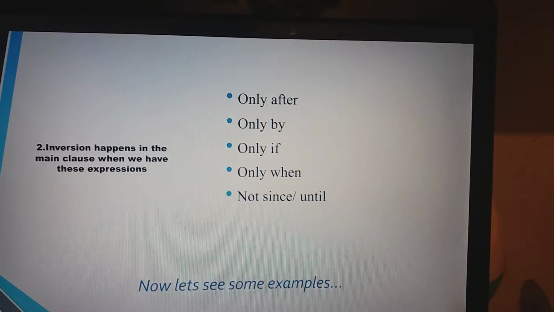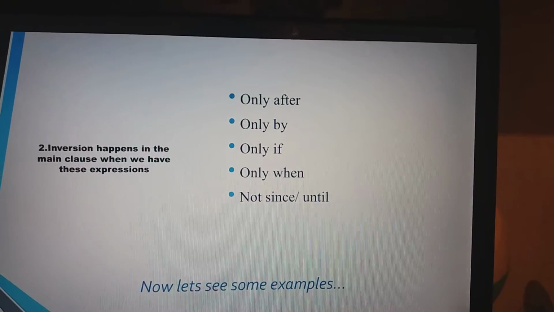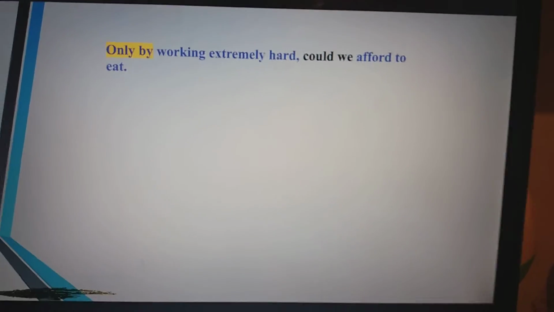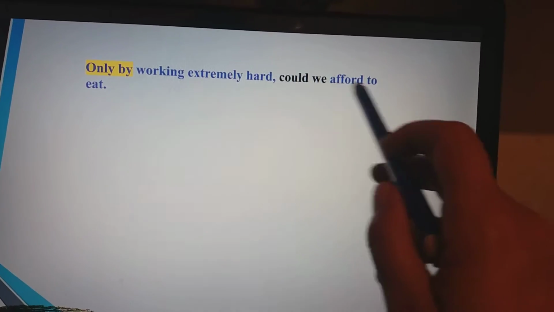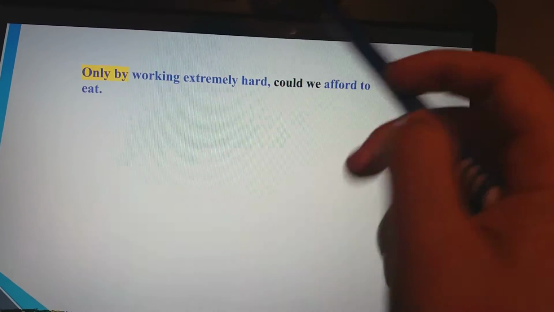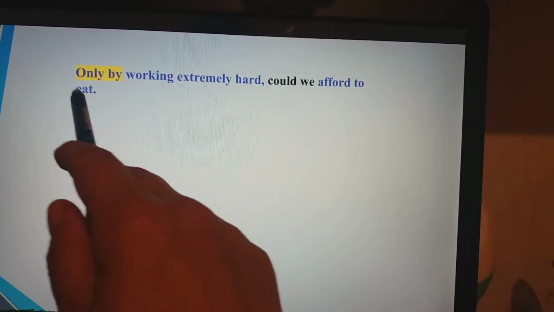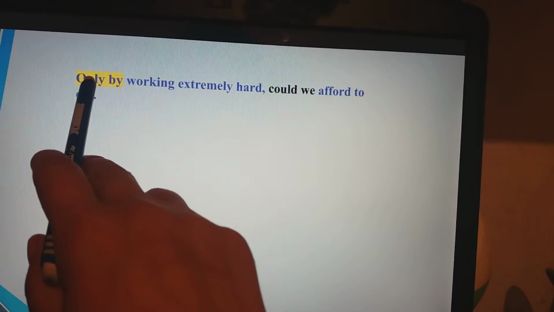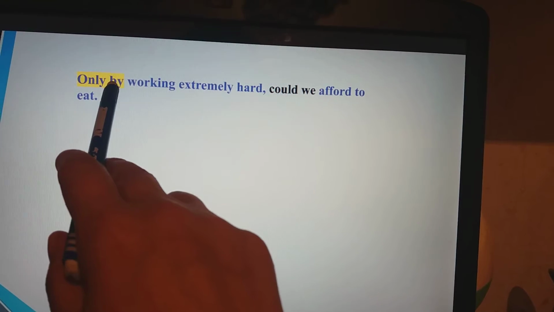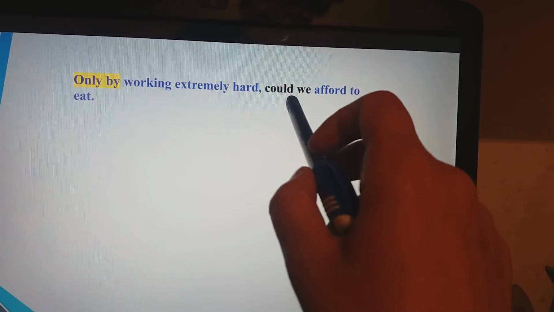Let's see. Only by working extremely hard could we afford to eat. So the moment we see these expressions, the inverted part is in the second one, the main clause.